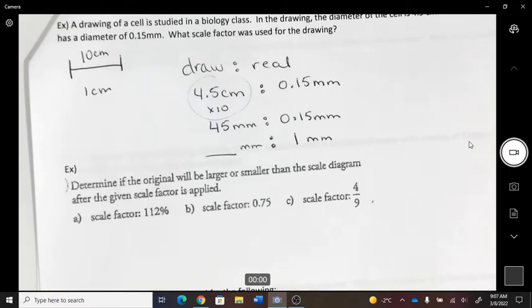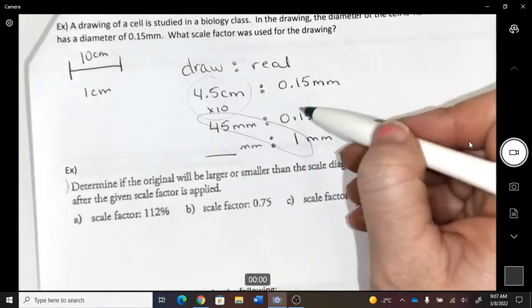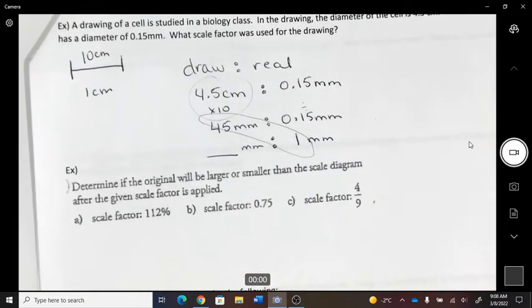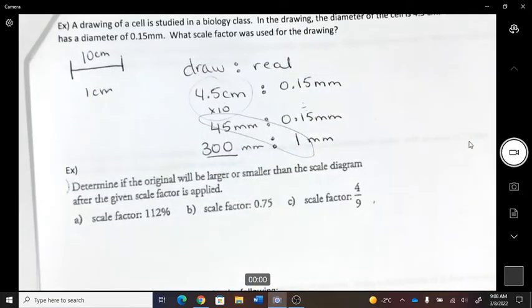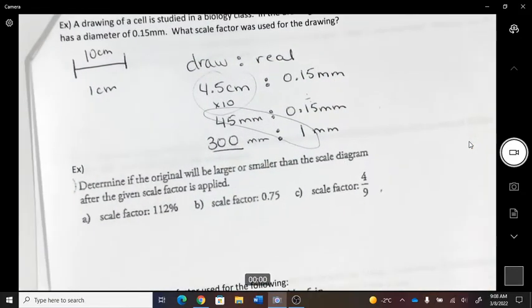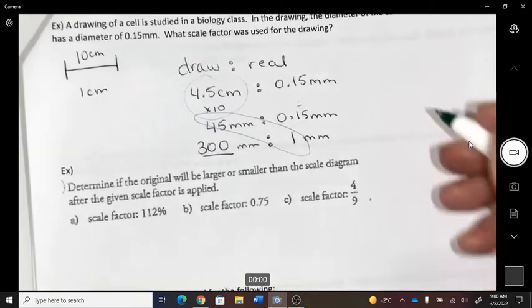If I want this ratio to be something to 1, we're going to do this divided by that. And then I get 300. So the ratio is 300 to 1.